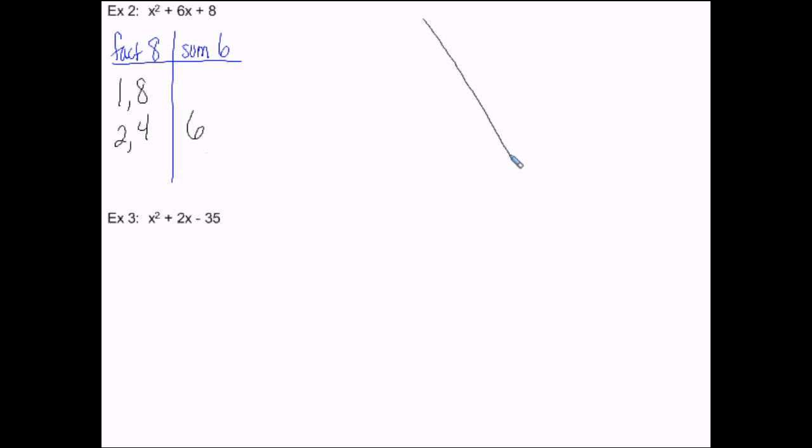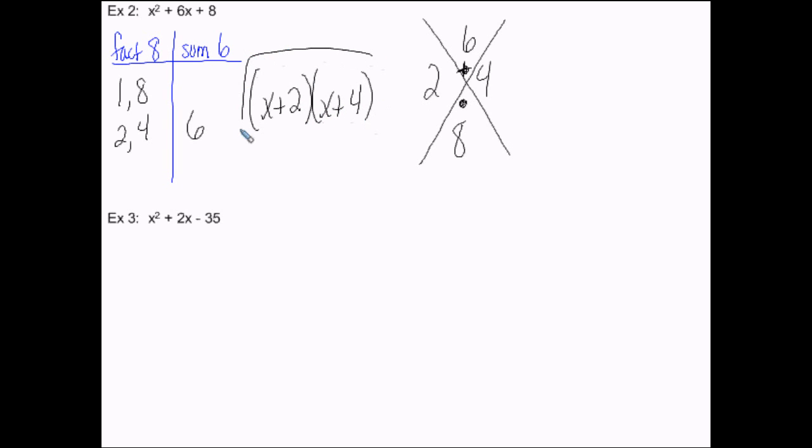With big giant X, I would be looking for numbers that added to 6 and multiplied to make 8. And I say, okay, 2 and 4 make 8 and add up to 6, and either way, I'm going to get x plus 2 times x plus 4. Now you can always check yourself on these by foiling it back out, and it should match what you started with.